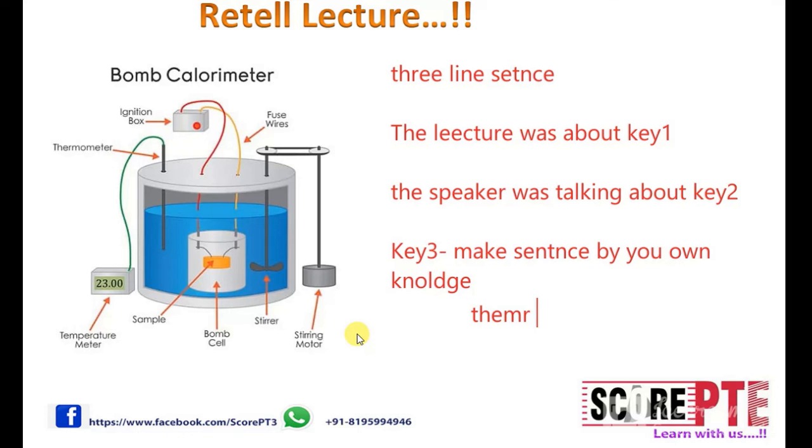Here, what is the thermometer doing? The thermometer is connected to the temperature meter. This is the simple way to make a sentence. If you are having an image, or if you are getting a keyword, then you have to write this sentence by your own knowledge.